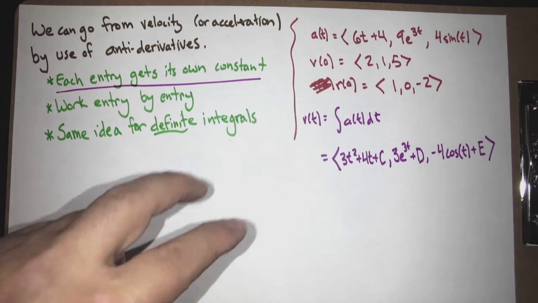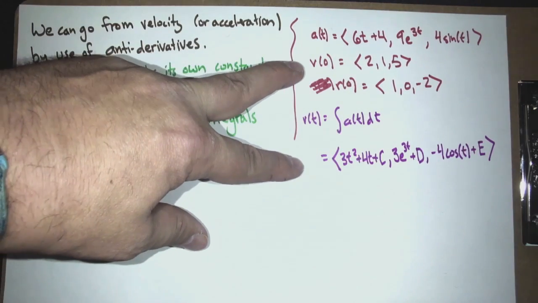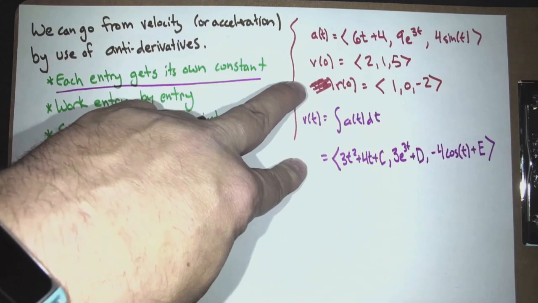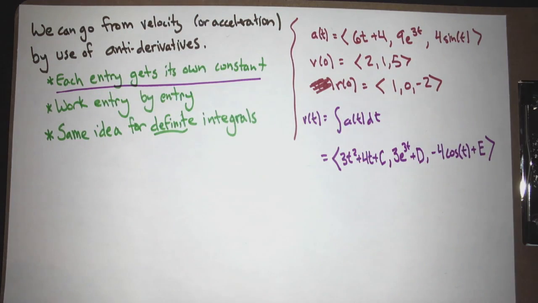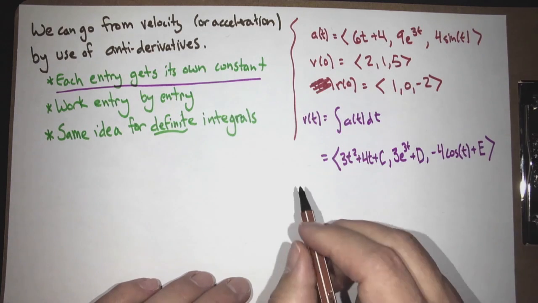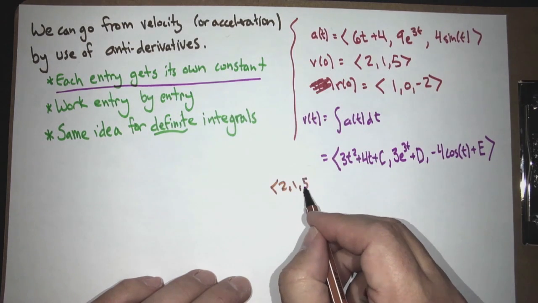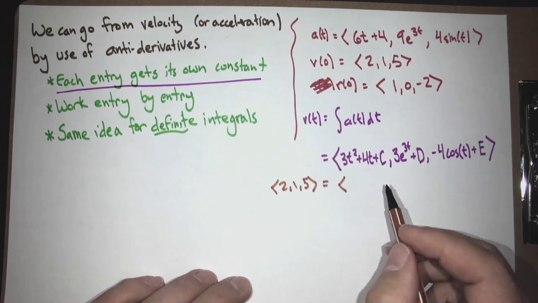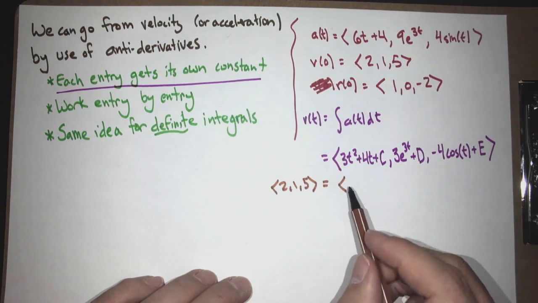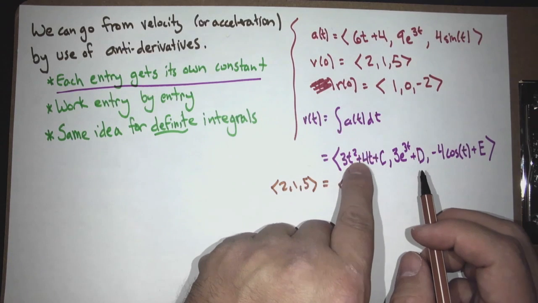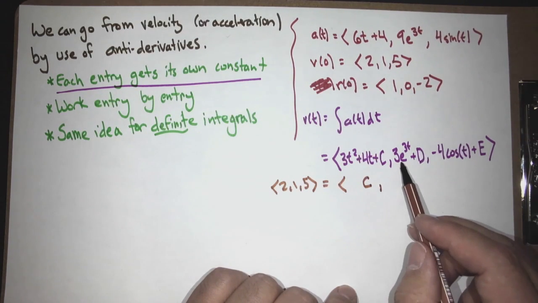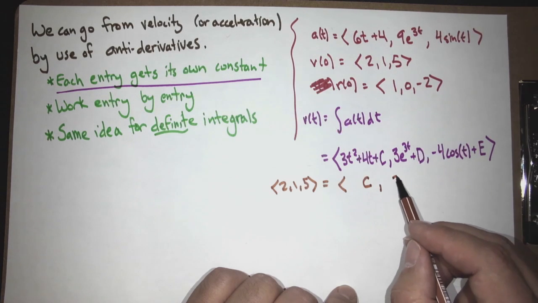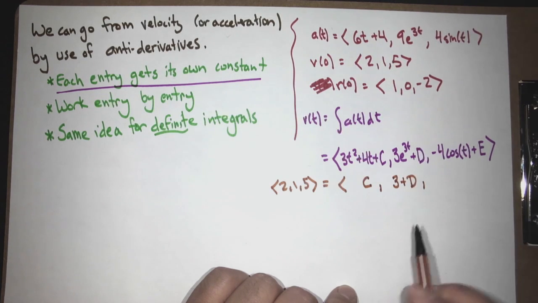Yeah. We can use our information about v of 0 to solve for our constants. We could integrate now and solve for constants later, but I like to solve for constants as soon as possible, but not sooner. So 215 is equal to, we plug in t equals 0. That's our v of 0. So 3 times 0 squared plus 4 times 0 plus c. That's c. 3e to the 0 plus d, so 3 plus d.